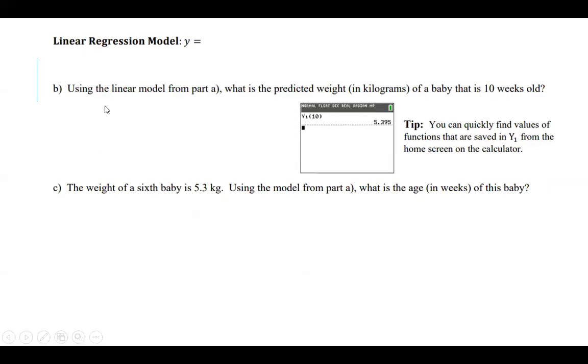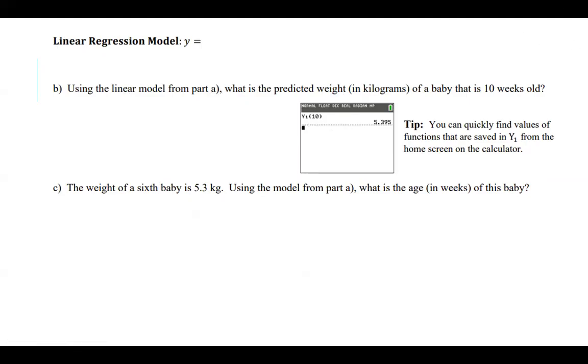And now it says, using your linear regression model from part A, what is the predicted weight in kilograms of the baby when it's 10 weeks old, right? So if you were in the handheld, you would be able to write Y1 of 10, right? But we're not in the handheld.